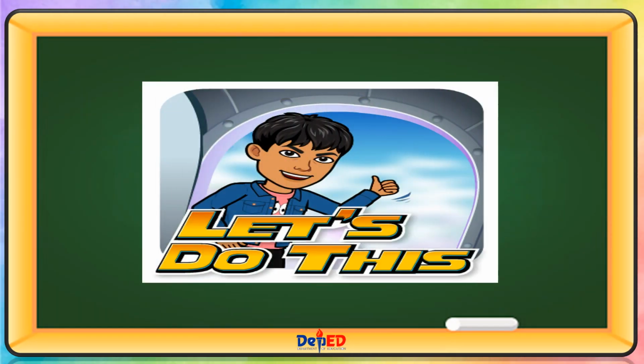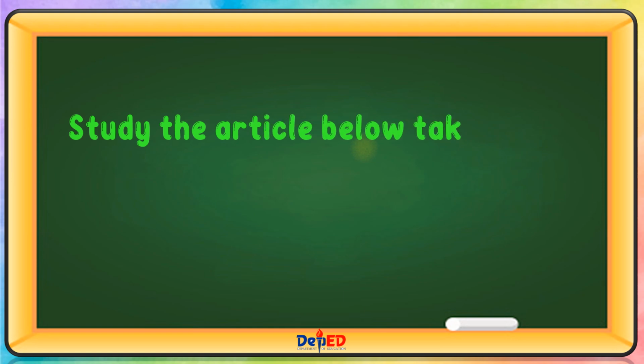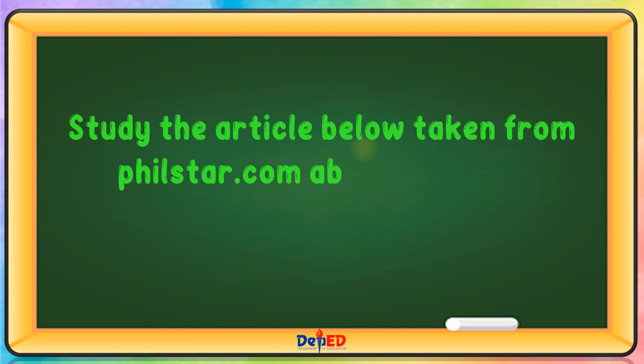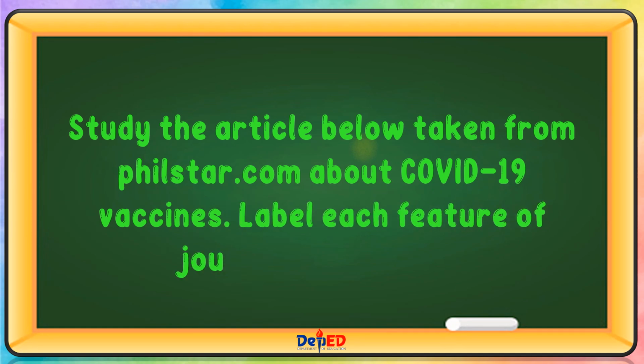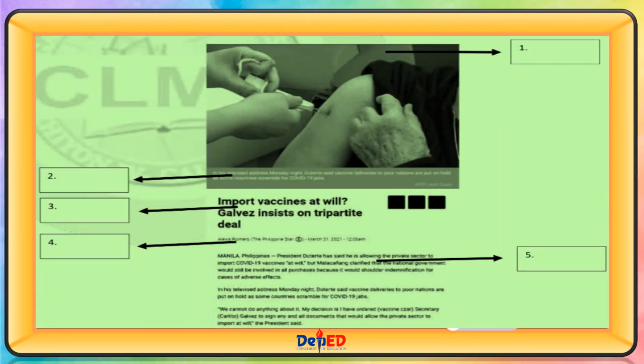Let's do this. Study the article below taken from philstar.com about COVID-19 vaccines. Label each feature of journalistic article. Number 1 is photo.